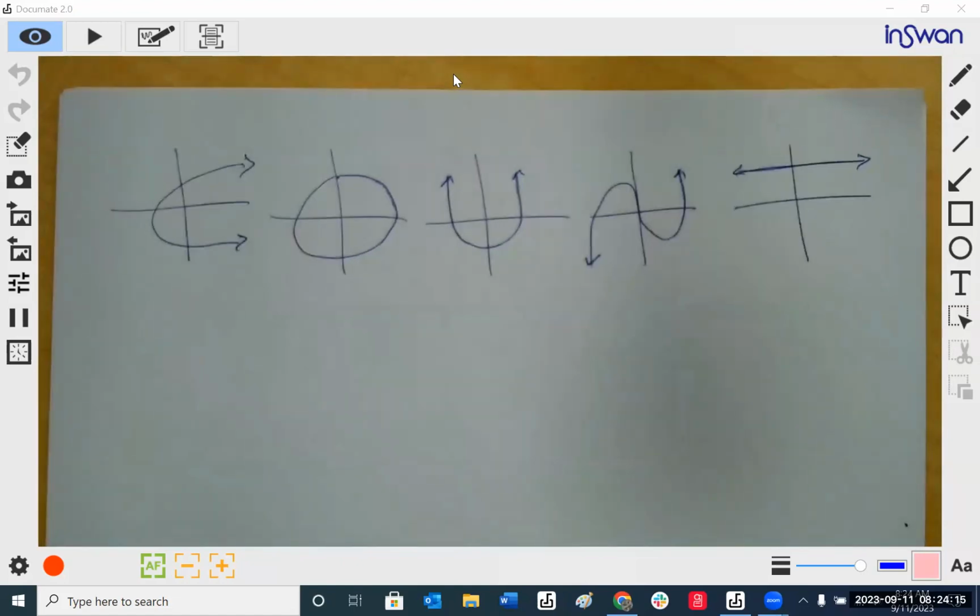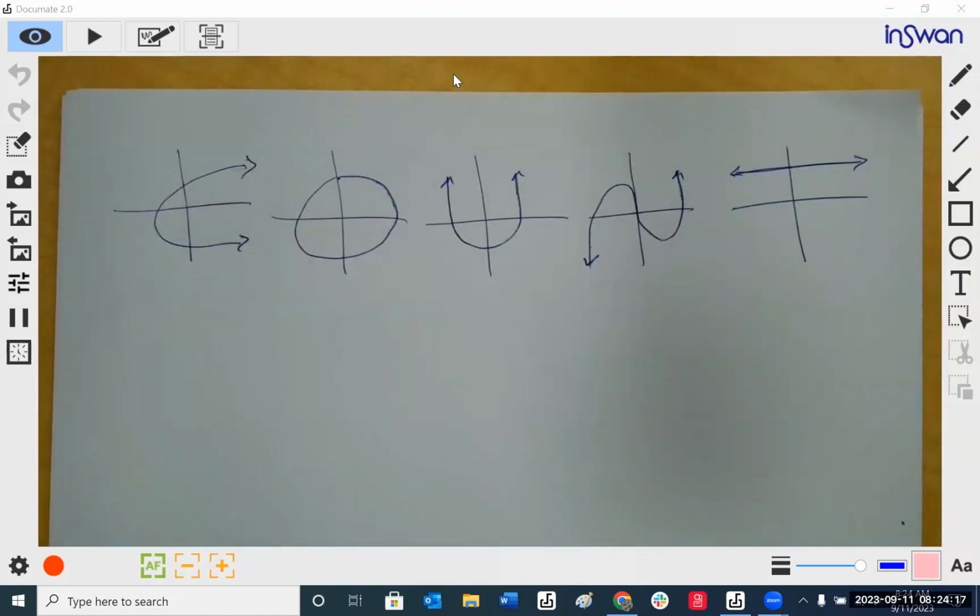Here we have 5 functions. I thought it was pretty cool when I was showing this class the other day. I can make a word out of it by using these. I had hope spelled differently, but I said let's make a word out of it.